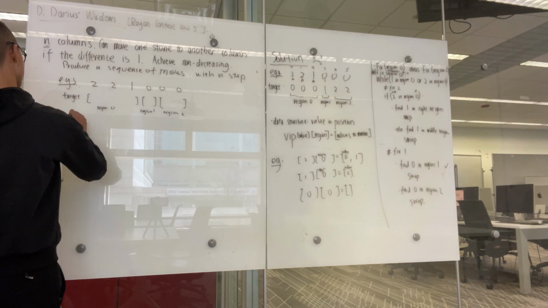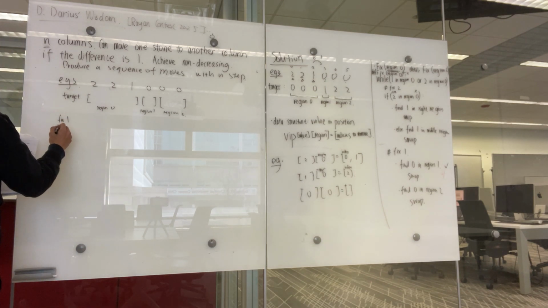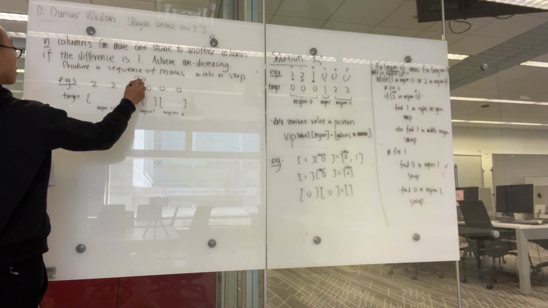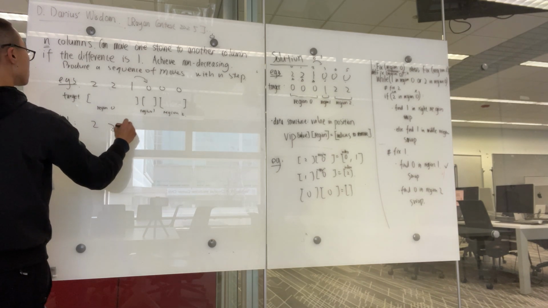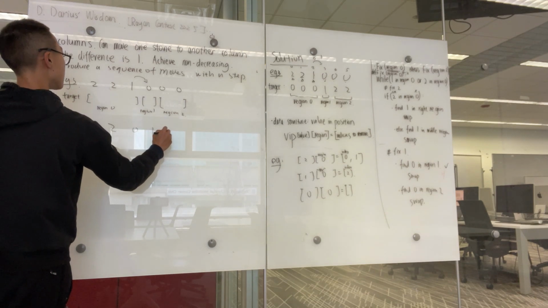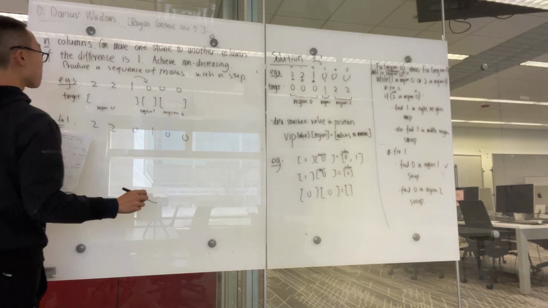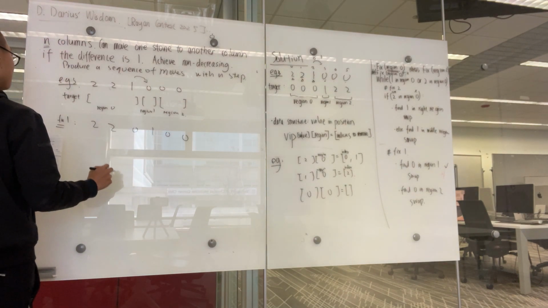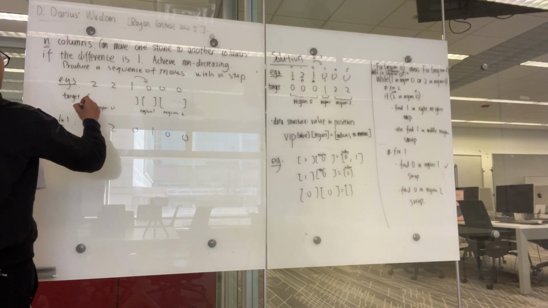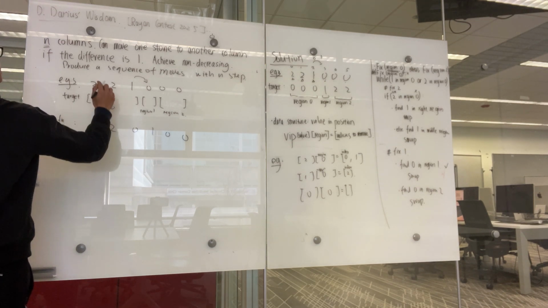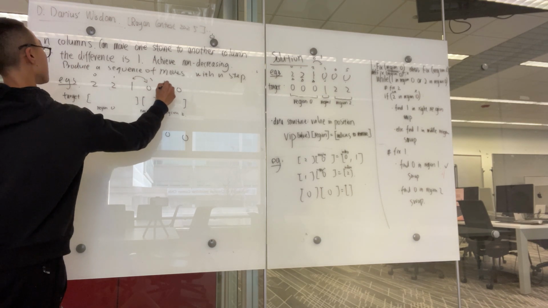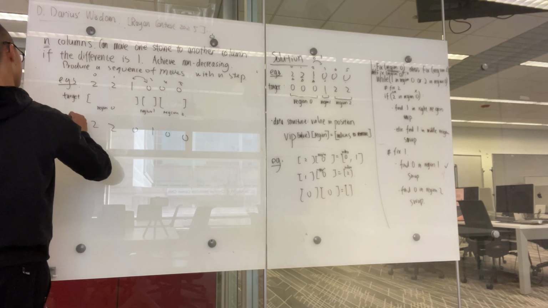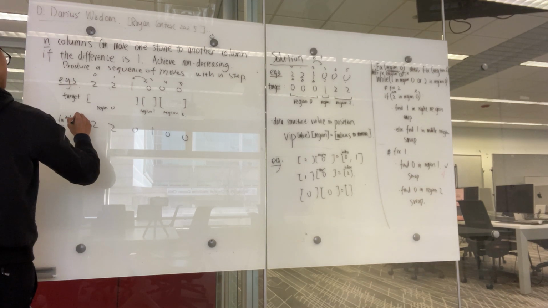So fix 1, we shift 1 into region 1. We got 2, 2, 0, 1, 0, 0. Nice. So here we fix the index 2.